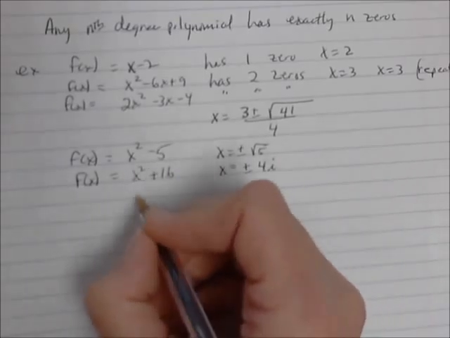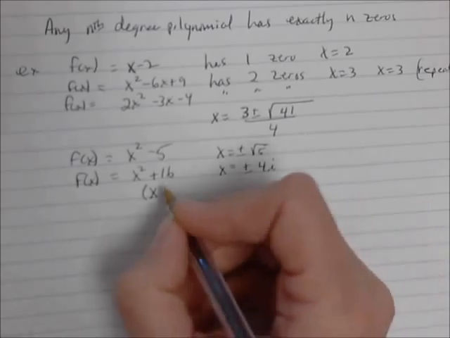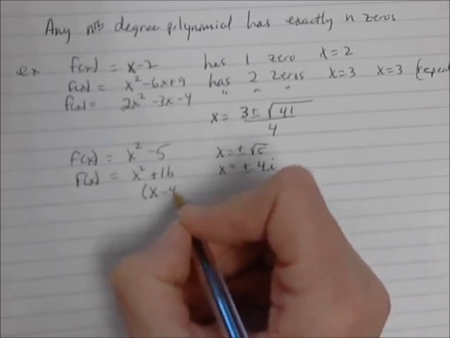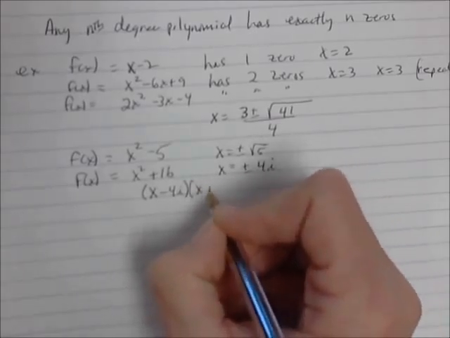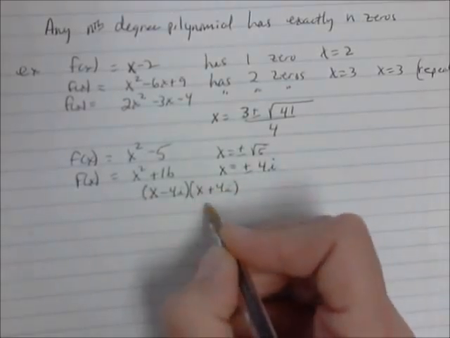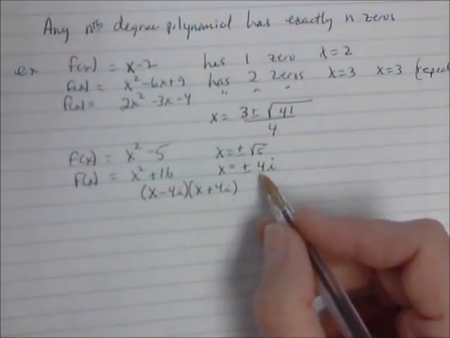And if you wanted to really factor this using those zeros, you could factor this into x minus 4i, that would take care of the plus 4i, and x plus 4i. So if you FOILed this out, you'd get x squared plus 16 back, but this has 2 imaginary zeros.